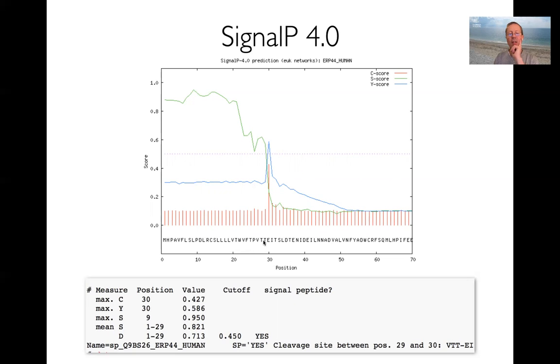And then you have this cleavage region that goes from about here, from the threonine, up until in between the threonine and glutamic acid. That's the predicted cleavage site. So you would also say by eye that this looks like a good signal sequence. So this is the type of output you get from a predictor such as SignalP.